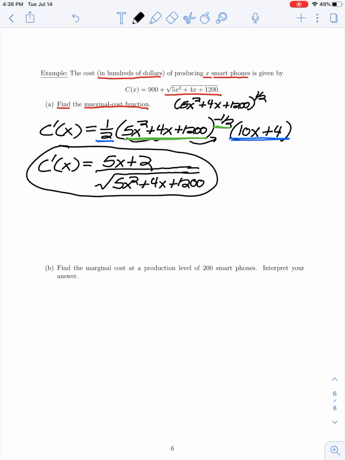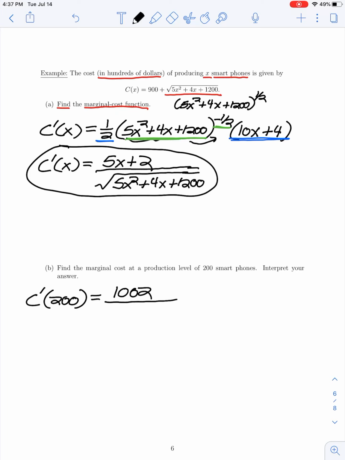Now in part B, we're told to find the marginal cost at a production level of 200 smartphones and then interpret our answer. Evaluating this marginal cost, that is C prime at x equals 200, we have a numerator of 5 times 200, or 1,000, plus 2 is 1,002.